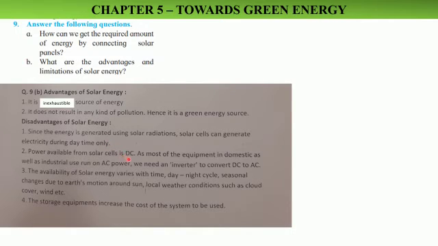The current that is generated is direct current, which needs to be converted to alternating current, for which we require an inverter. And the storage equipment increases the cost of the system. So these are some of the limitations as well as advantages of solar energy.